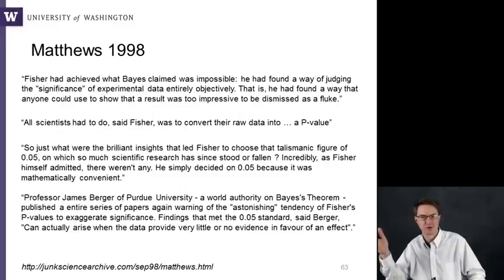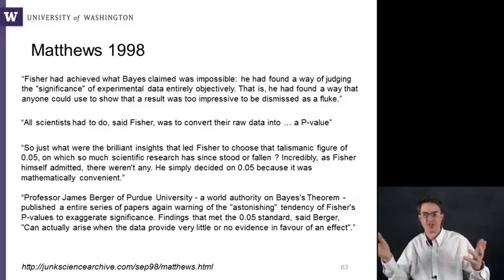However, the frequentist approach, laid out by Fisher and others, was able to achieve what was thought to be impossible, which is a way of judging the significance of experimental data independent of any prior beliefs. Okay, so he had found a way that anyone could use to show that a result was too statistically significant to be dismissed as a fluke.